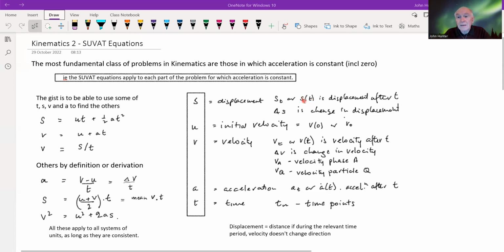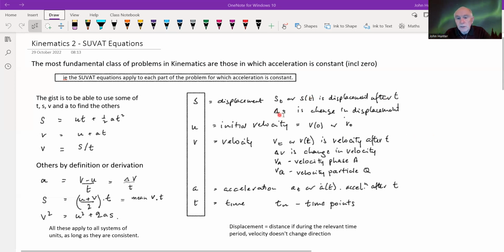If S is a function of t, say S is equal to t squared plus 5, then S of 2, we would just substitute our 2 in for t. It'll be 2 squared plus 5, which would be 9. So sometimes S of 2 would be a useful thing to use.